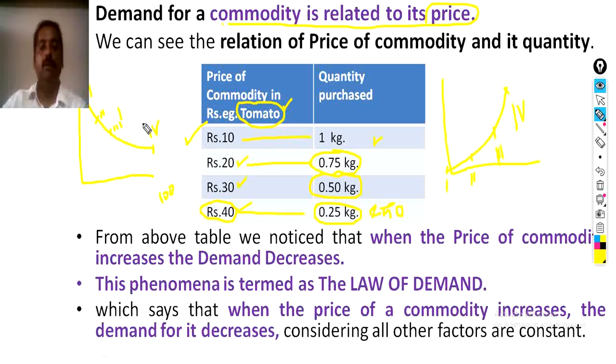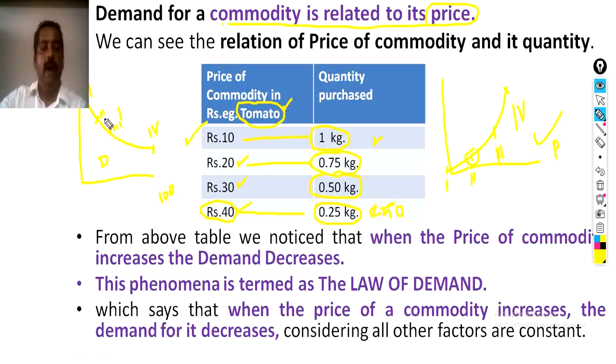On one axis is P, the price, and on the other is D, the demand. At this point I purchased 1 kg of tomato when the price was 10 rupees, so the price was low.